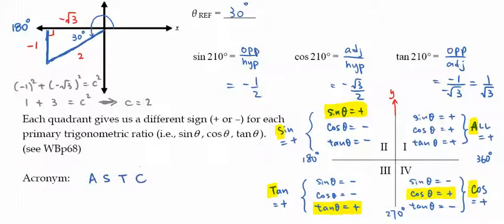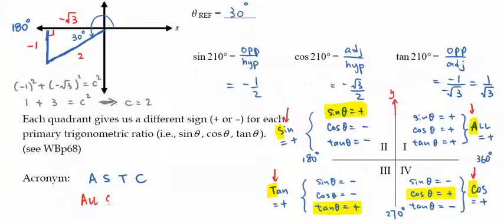Some books actually start the acronym from quadrant number 4, giving us a word that actually makes sense: CAST. But I don't like that idea because we usually will have the angles measuring from 0 degrees, and I don't like starting it from quadrant number 4. CAST starts from quadrant 4, but ASTC starts from quadrant number 1.